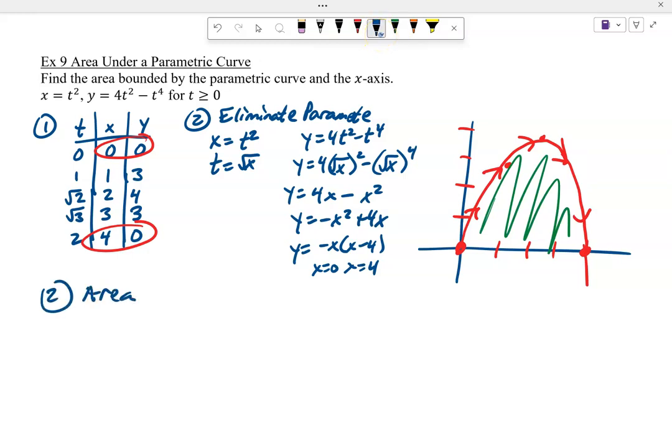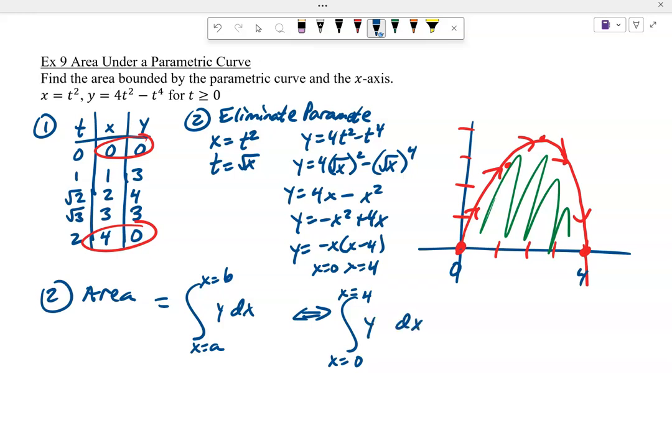So the area bounded by the curve and the x-axis would be from an x value of 0 to an x value of 4. Right? This is x being 0, x being 4 of y dx.